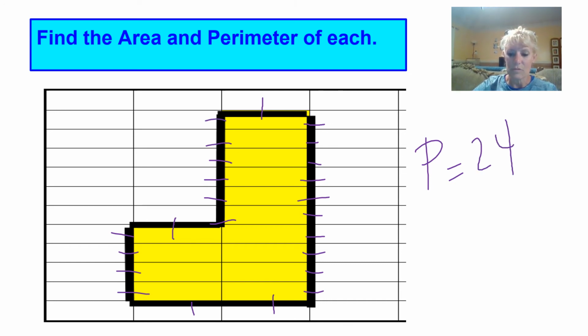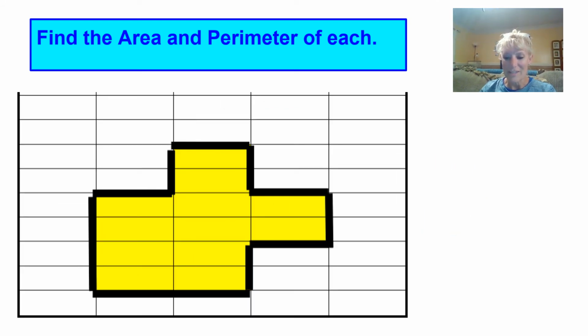So we had a perimeter of 24. Our area 1, 2, 3, up to 14. So our area was 14. Try this one.